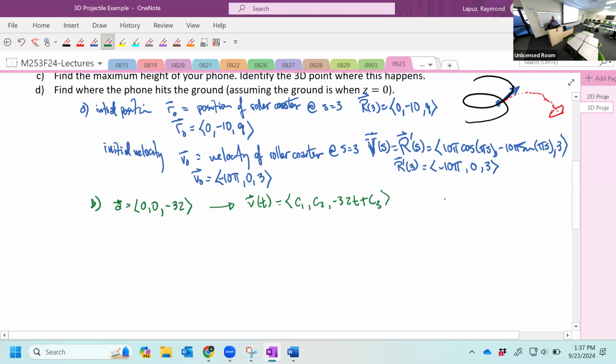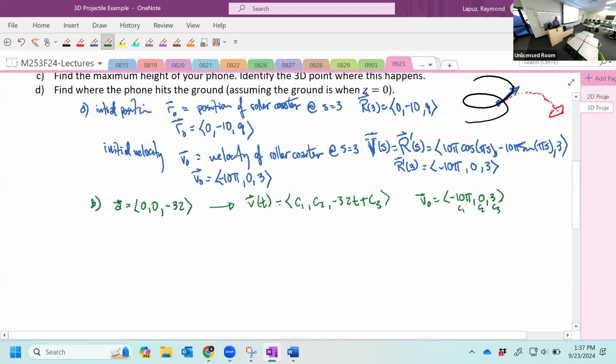And then if we put 0 in there, we're going to get the initial velocity of negative 10 pi, 0, comma 3. If you put 0 in there, you're just going to get c1, c2, and c3.